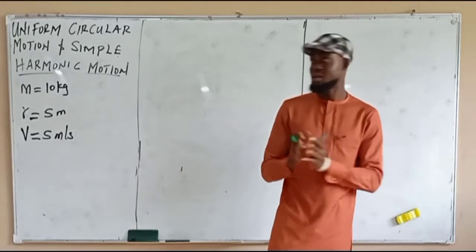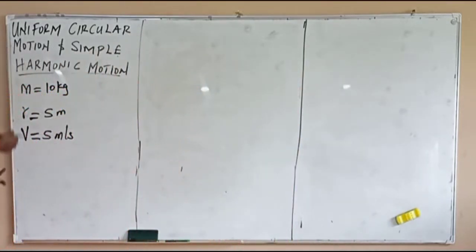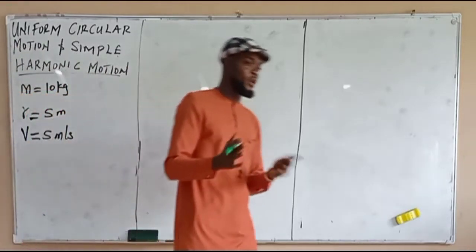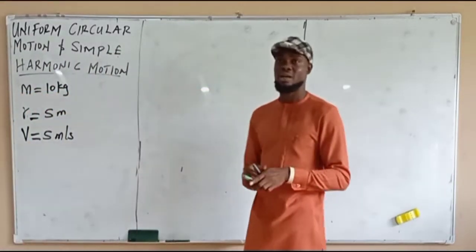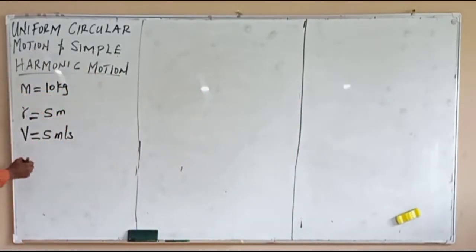That is the question. The mass is 10 kg. The radius of the circular path is 5 meters. The velocity of the moving body is 5 meters per second. What will be the centripetal acceleration, or the force moving the body towards the center, the centripetal force? So let's get down to business.